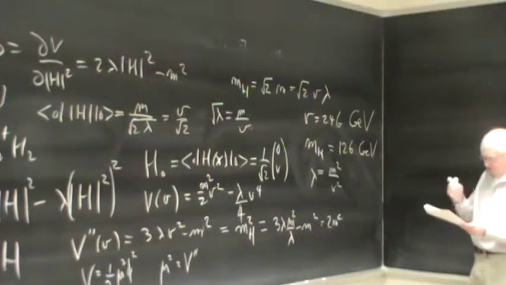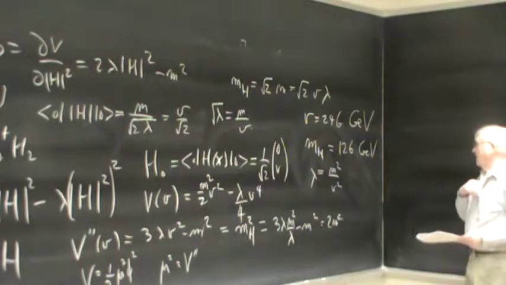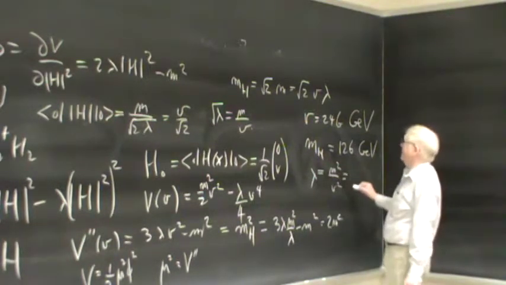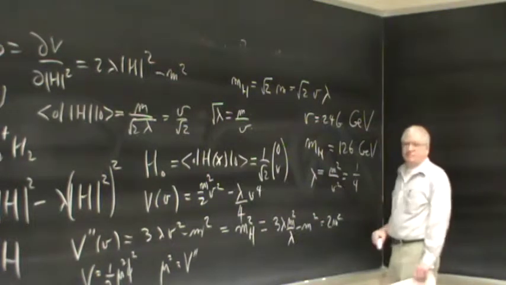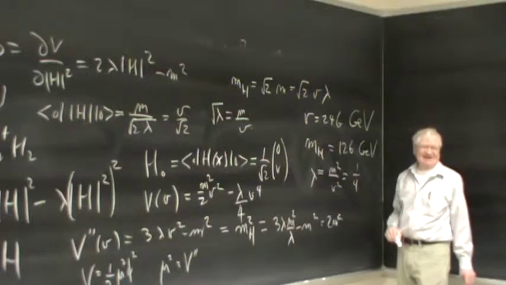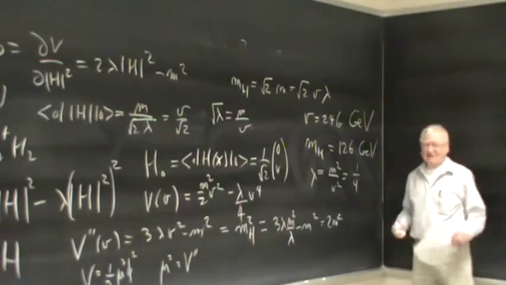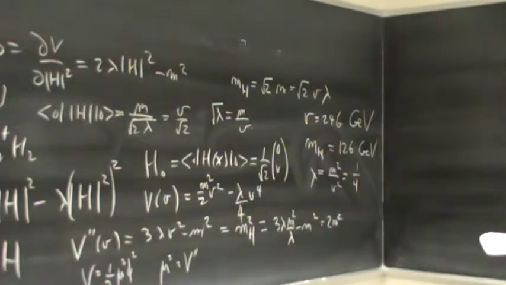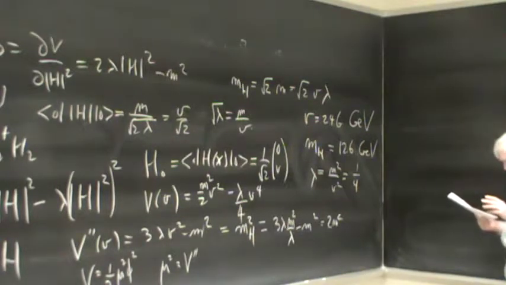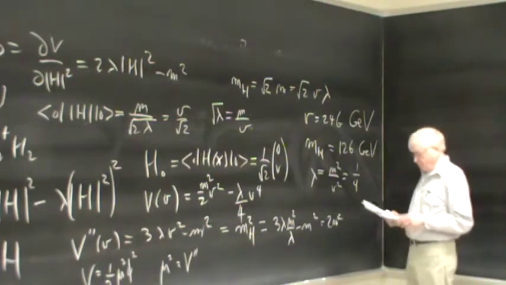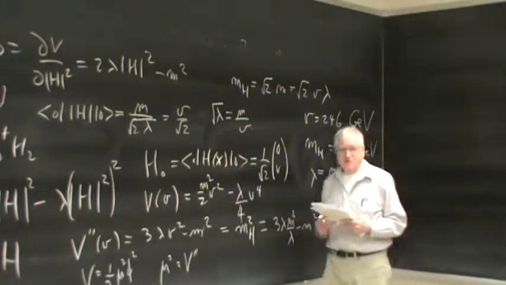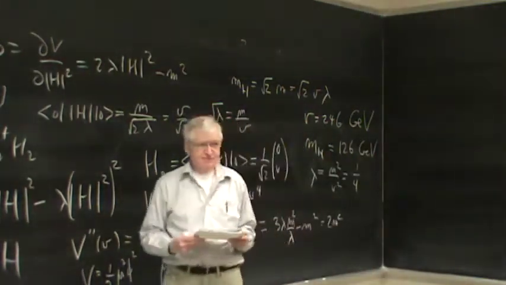I'm sorry, so more typos. All right, let's do it on the fly. Well, this is about a half, so this is about a quarter. Good enough. All right, so I have the square roots all correct. This is about a quarter. So the self-coupling is less than 1, which is a good thing. Otherwise, we'd have another mystery on our hands.